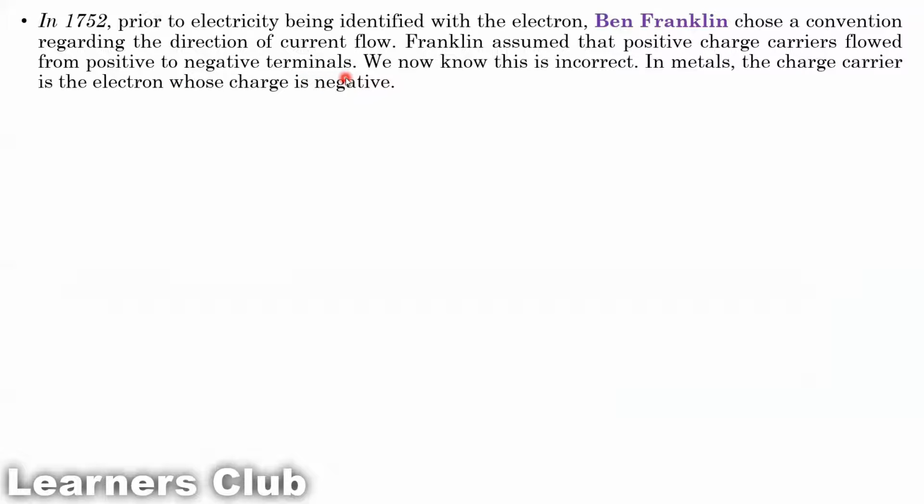So before they identified that current is a flow of electrons, Ben Franklin assumed that positive charge flows from the positive terminal to the negative terminal, which is not correct. We now know this is incorrect. In metal, the charge carrier is the electron, whose charge is negative. As we all know, electrons are the only carriers that flow. So we know that negative charge, which is the electron, is the only charge carrier.